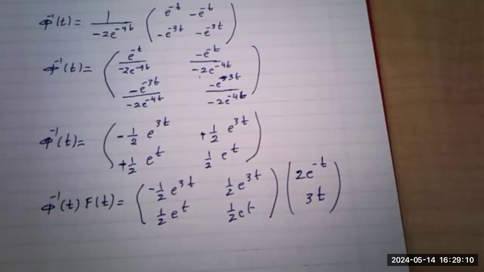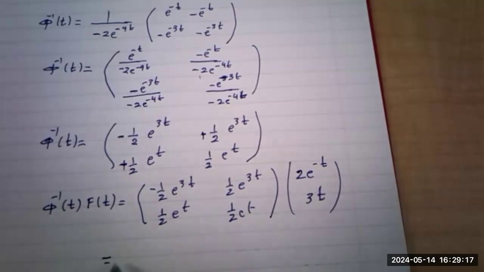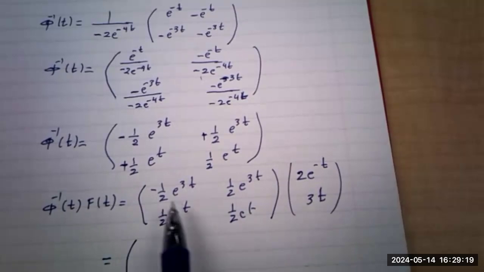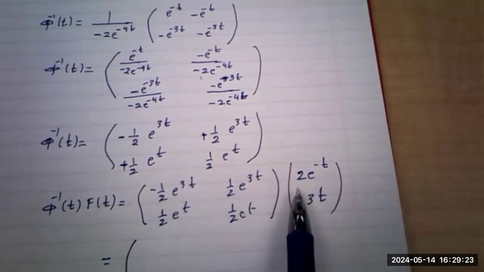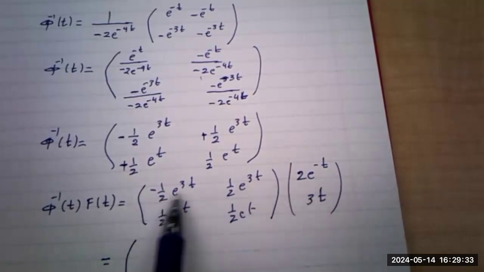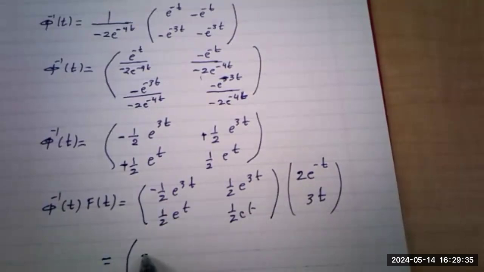Okay, multiply them together. This is going to be the result, the matrix. Dot product of these. Multiply these two together. Negative 1/2 and the 2 would cancel out, so that gives you negative. See this one? I'm going to write down right away. Negative 1/2 times the 2 gives you negative e to the 3t times e to the negative t, that gives you negative e to the negative 2t.